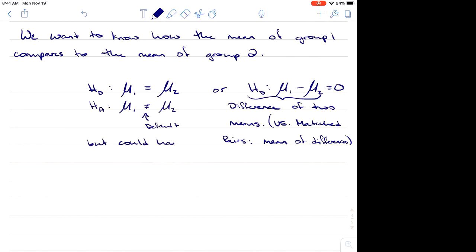We could have HA: mu1 is less than mu2, or HA: mu1 is greater than mu2. One-sided tests. So now we're talking about how the mean of one group compares to the mean of the other group.